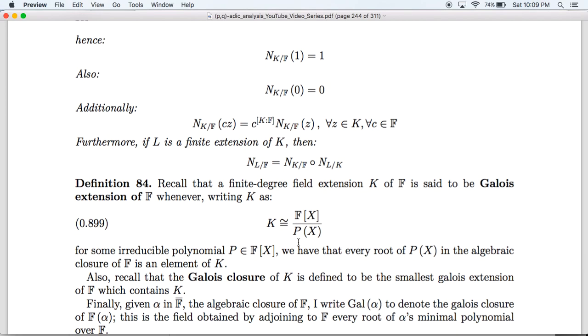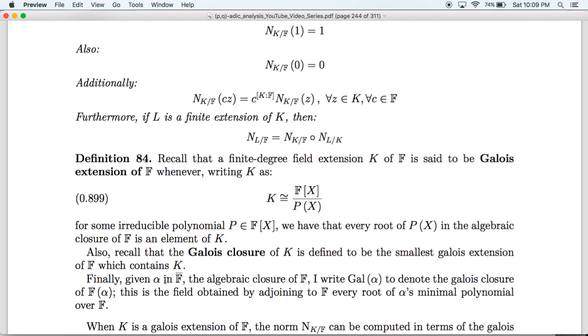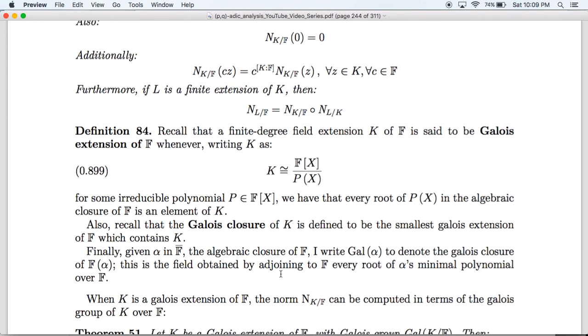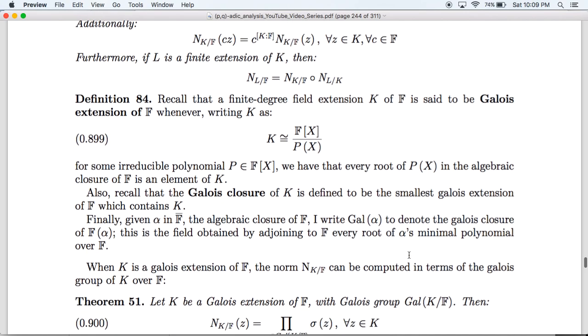The Galois closure of K over F is then the smallest Galois extension of F which contains K. Finally, given alpha in F bar, the algebraic closure of F, I write Gal of alpha to denote the Galois closure of F of alpha. This is the field obtained by adjoining to F every root of alpha's minimal polynomial over F.